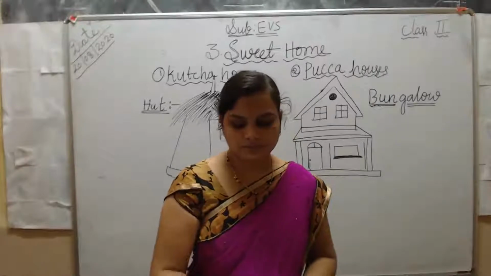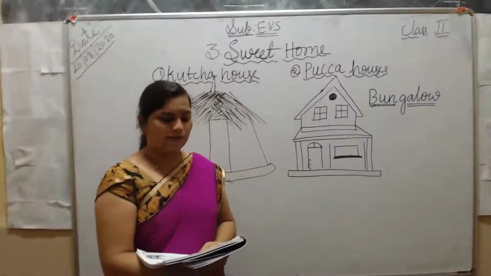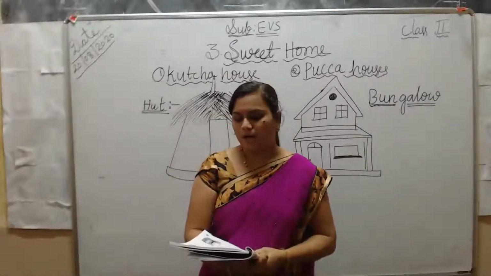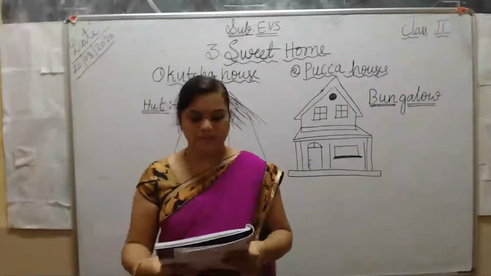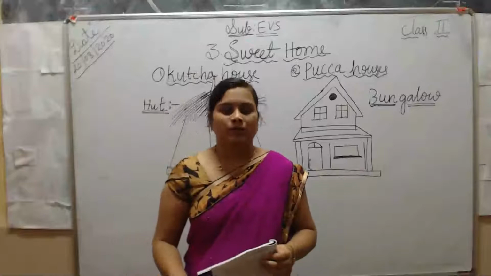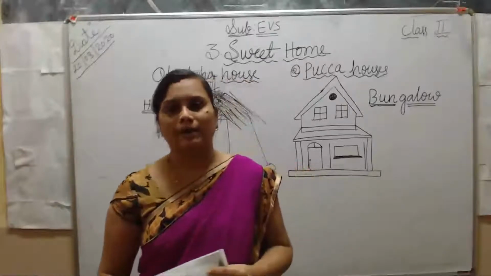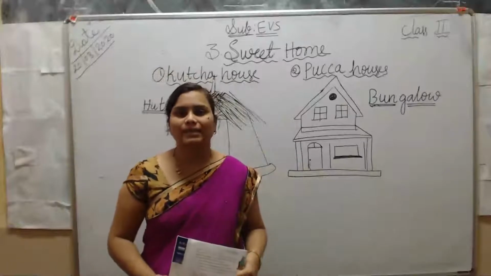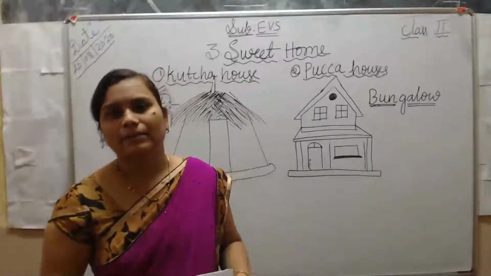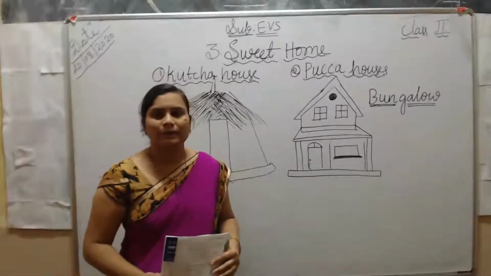Protect. They lived in caves to protect themselves from cold and hot weather, rain, wild animals, etc. What did they do to protect themselves? They will live in caves. What do we mean by cave?